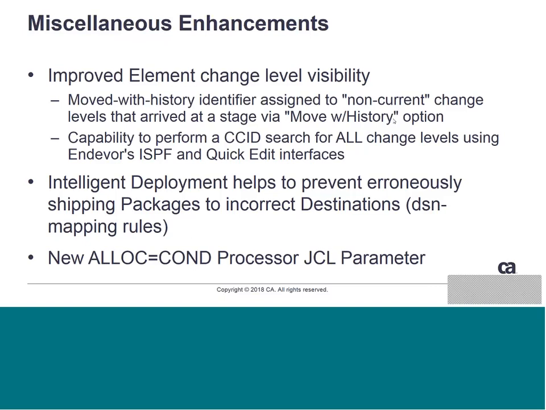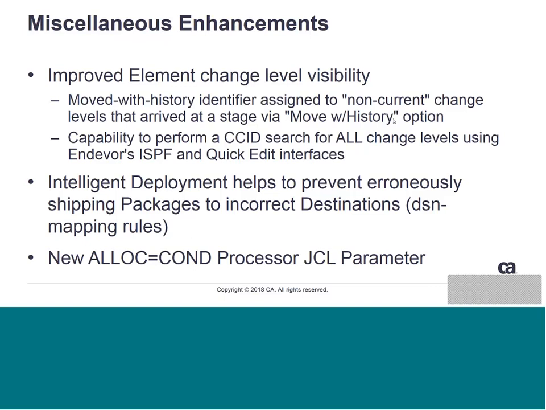And auditors would really be interested to know what other changes were also promoted behind the scenes. And this move with history identifier that we've added with version 18 provides the capability to identify those levels that got copied to production, but were never done as the most current level. So they kind of went in sort of a backdoor approach. That's not the best word for it, but that's essentially what happens.